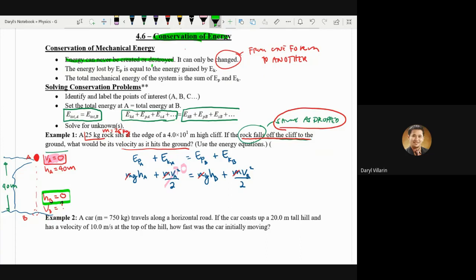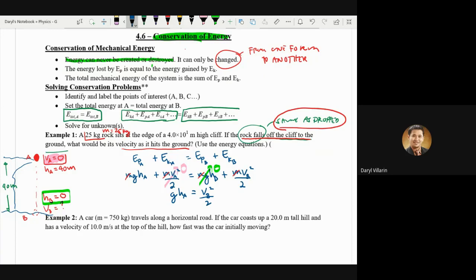So HB should be 0. Since that is 0, this particular term here is also 0. So practically in your equation, you have this expression.